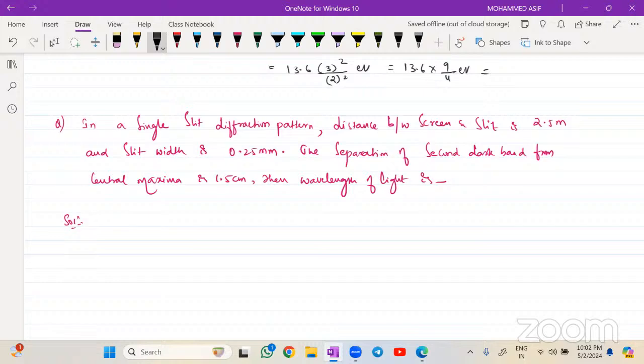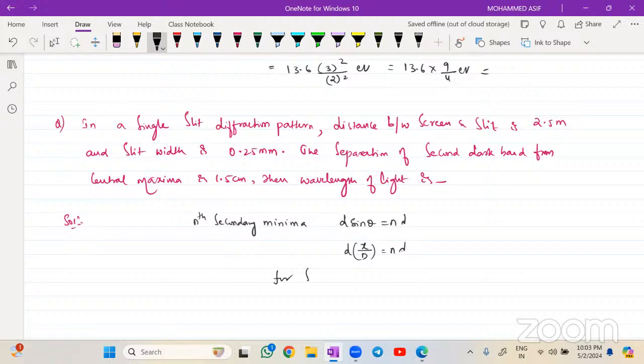Now tell me what is the formula of nth secondary minima? In diffraction, d into sin theta will be equal to n into lambda, and sin theta value will be equal to x divided by d, that is equal to n into lambda.